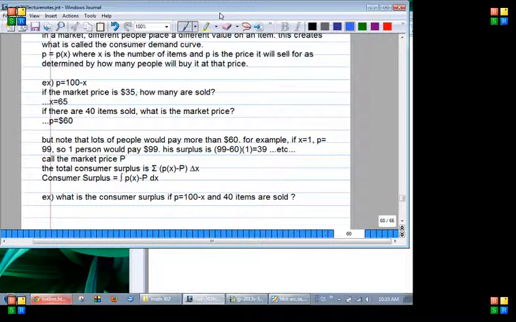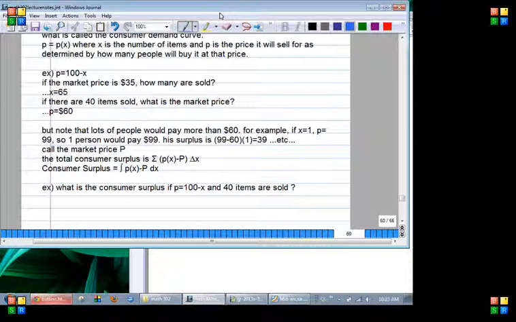It's the integral of 100 minus X minus 40. Should it be from 0 to 40? Yes, it should be from 0 to 40, because those are the items that are getting sold, going from 0 to 40.